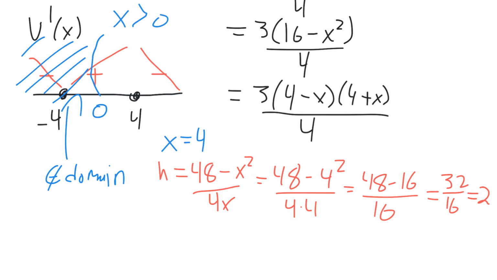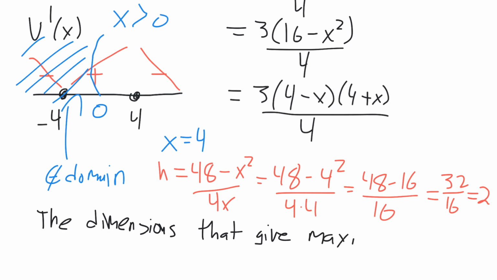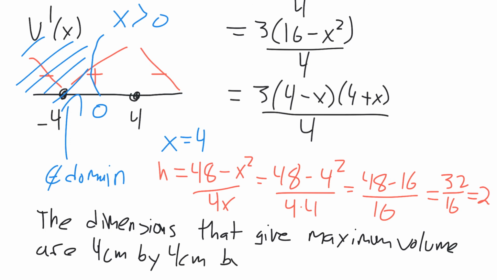And so we can say the dimensions that give maximum volume are, and remember the x was both the length and the width because it was a square base, so we can say 4 centimeters by 4 centimeters by 2 centimeters.